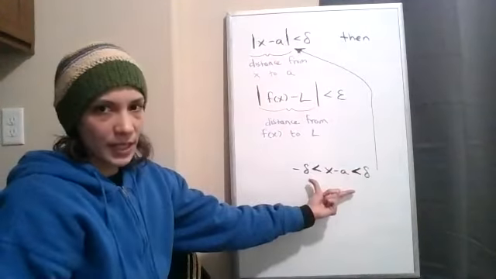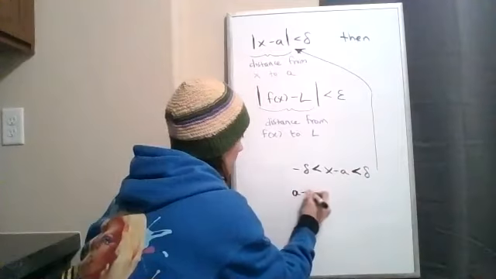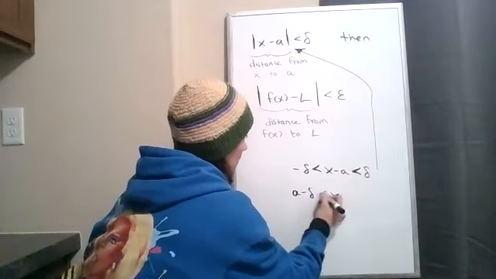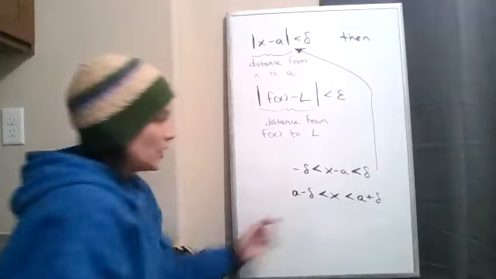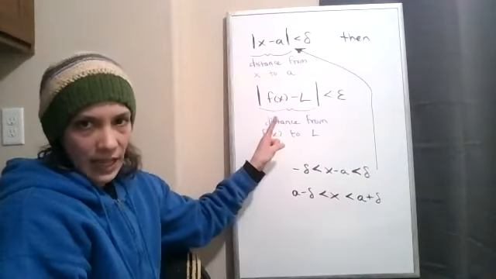We're going to add a to both sides, so that a minus delta is less than x is less than a plus delta. So we want this, and we also want that.